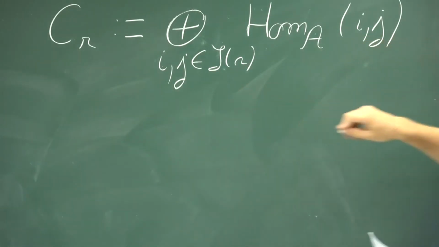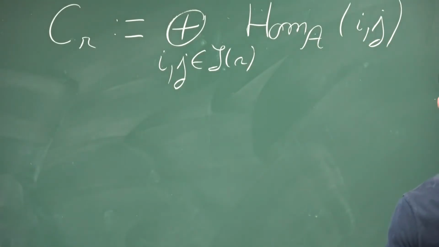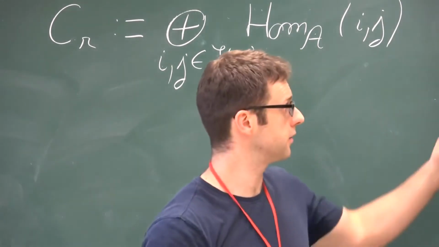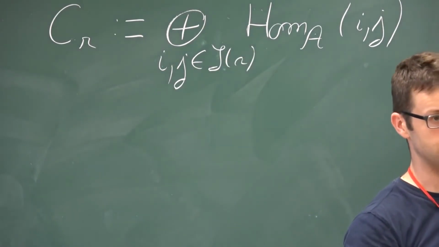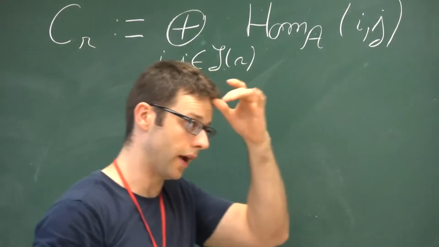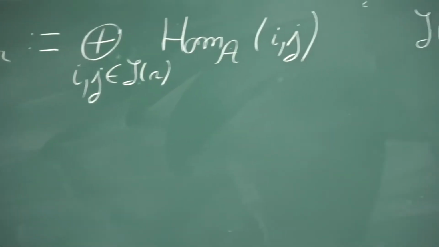This set J of R is a set which will be familiar to anyone familiar with the Brauer algebra. So I take R, but also R minus 2, R minus 4, until I start to run into negative numbers.